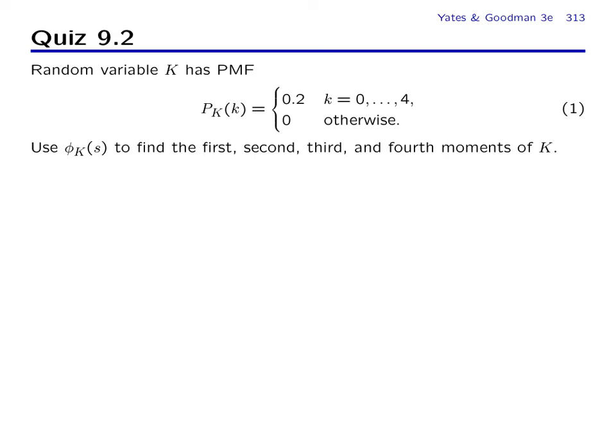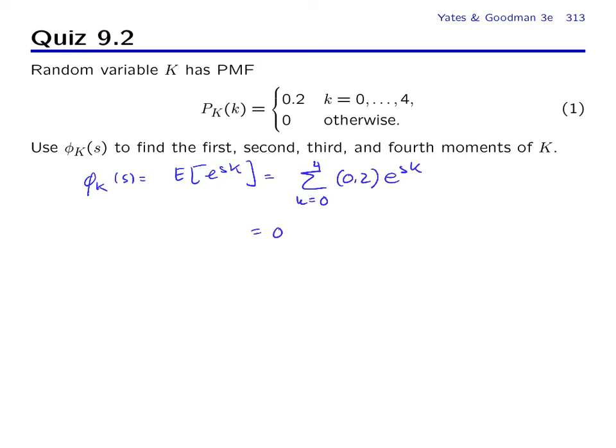In particular, K has this uniform PMF from 0 to 4. And so we can write that phi K of s is equal to E of e to the sK, and this is equal to the summation k equals 0 to 4 of the PMF 0.2 times e to the sk.